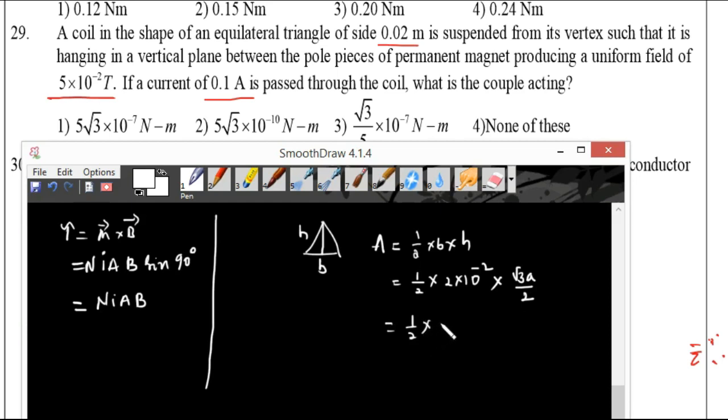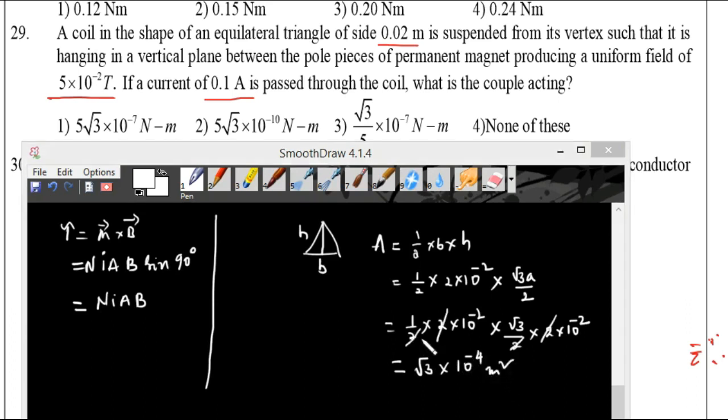So half into 2 × 10 power minus 2 into root 3 by 2 into a value is 2 × 10 power minus 2, which we get the value as root 3 × 10 power minus 4 meter square. 2 cancel here, 2 cancel here. So root 3 × 10 power minus 4 meter square.